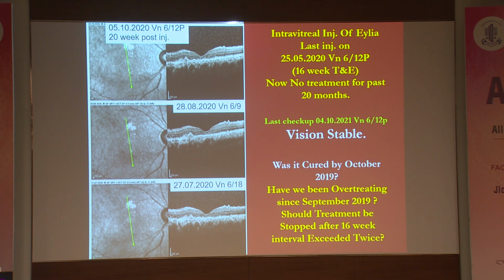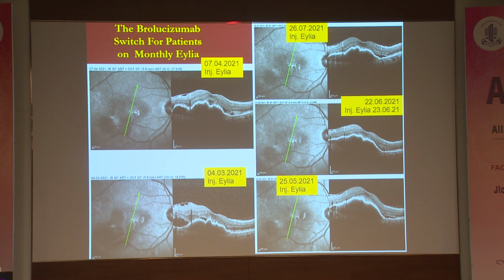For the next 20 months, no injection was given. He's maintained. My question is, is it possible that if a person has maintained on 16 weeks twice, this is the biomarker for now saying, okay, no more, this is good enough? That the panel will answer. I will hope I get an answer from them.